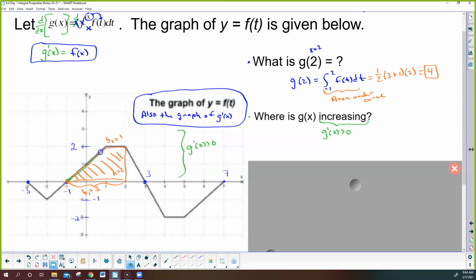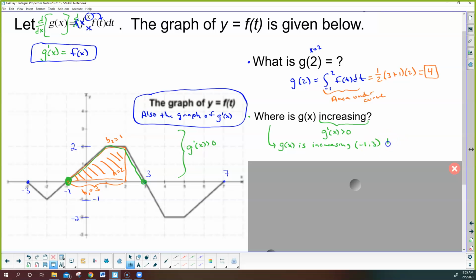So any value that's above, so from negative 1 to 3, that's when the original function g is increasing. So how would I answer this problem? I would say g of x is increasing on the interval from negative 1 to 3.